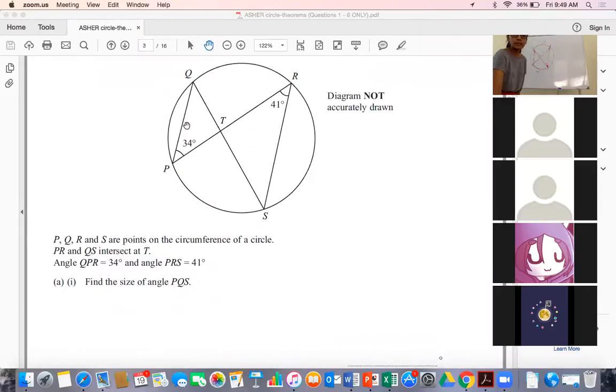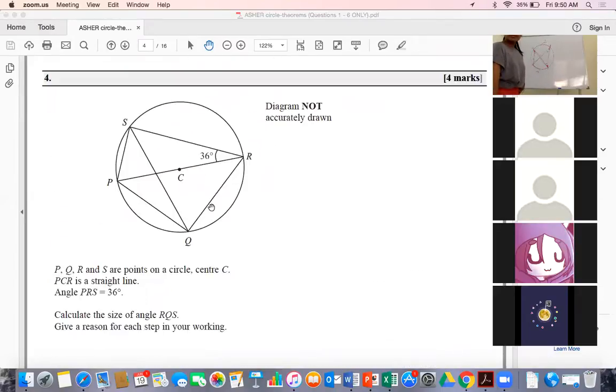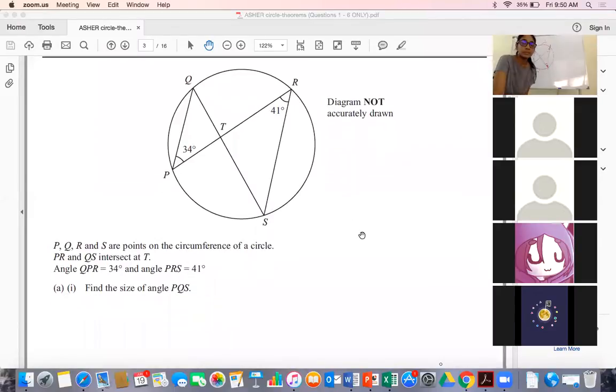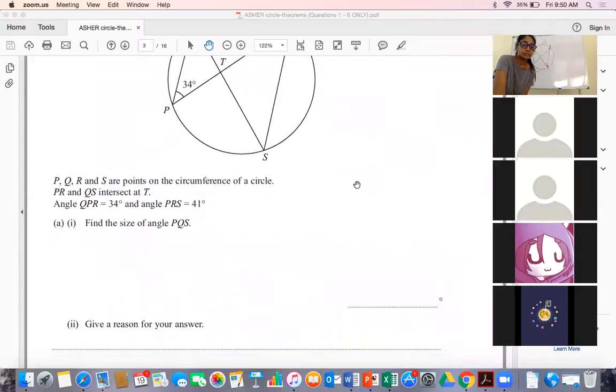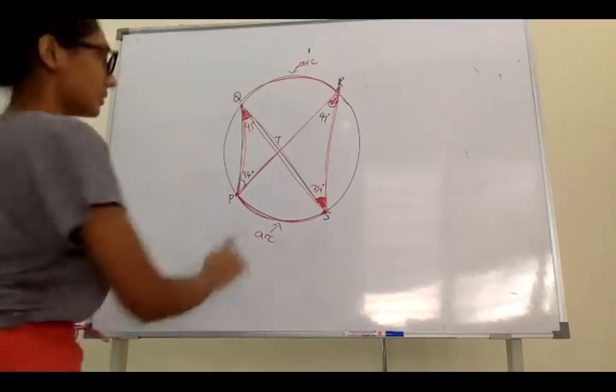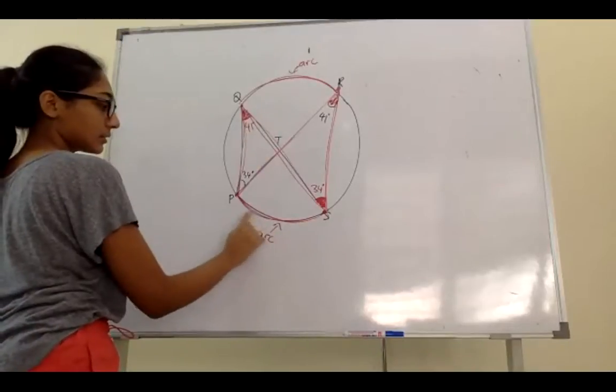Give a reason. You can say the bow tie rule. So they both share the same arc. What if I put angles in the same segment are equal? Angles in the same segment, you must say that they share the same arc. Yeah? They share the same arc.